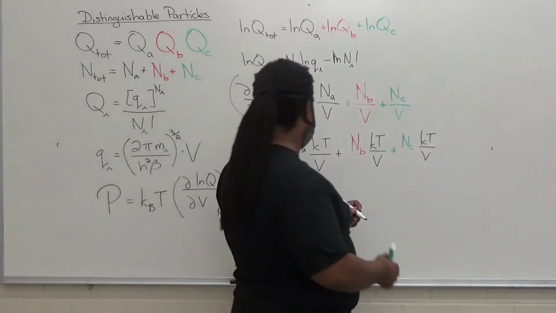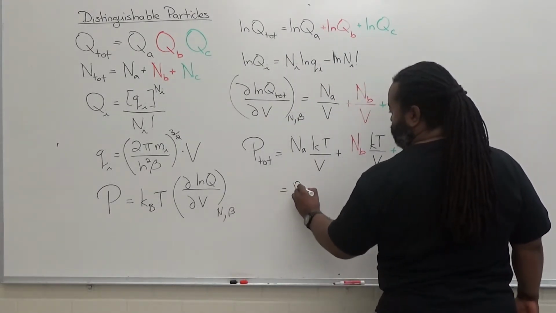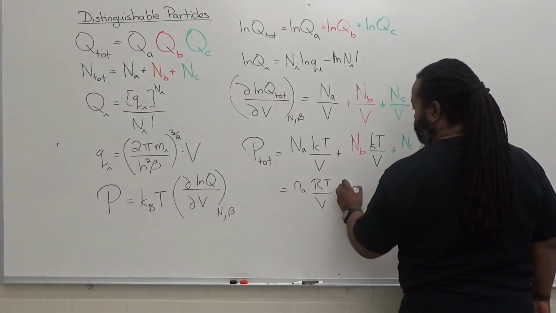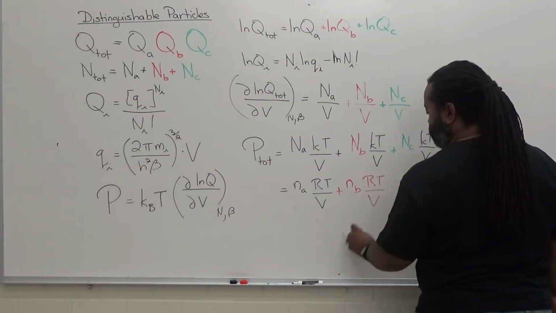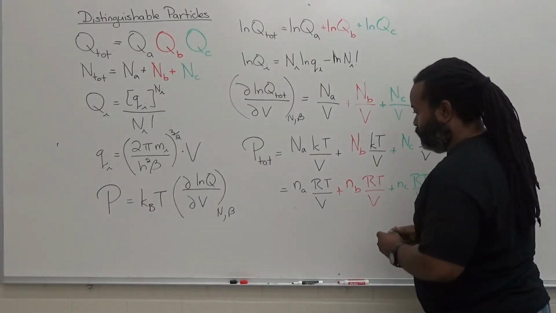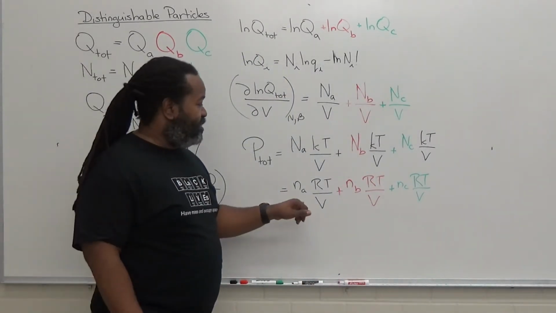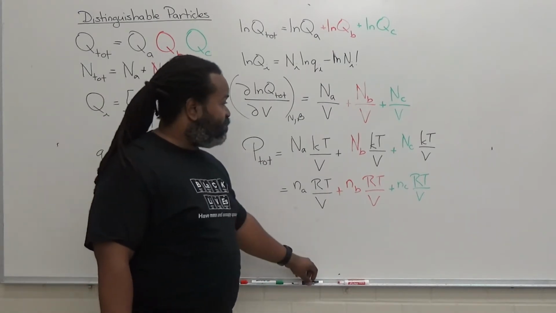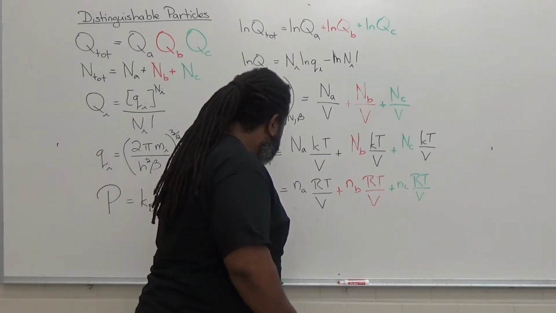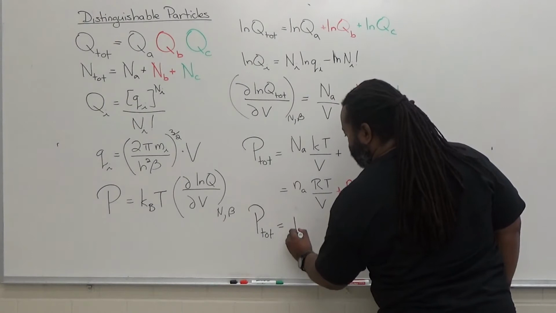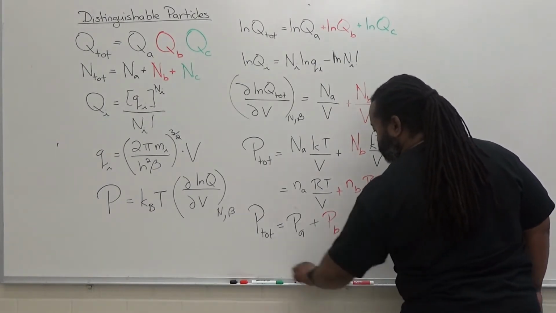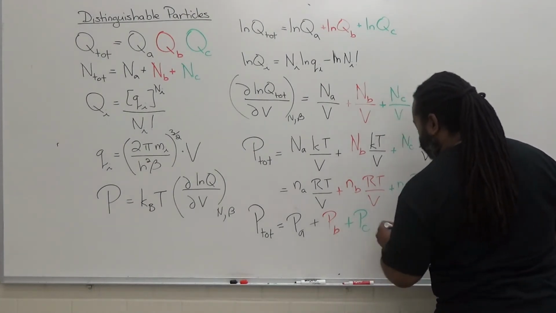And so as a result, what we have is the following: that our total pressure is going to be the moles of A times RT over V plus the moles of B RT over V plus the moles of C RT over V. And so the thing that an observant chemistry student will recognize is that nRT over V is just a pressure, at which point we can make the final valuable conclusion that the total pressure is going to be equal to the pressure from gas A plus the pressure from gas B plus the pressure from gas C.